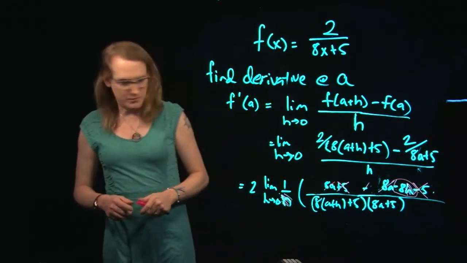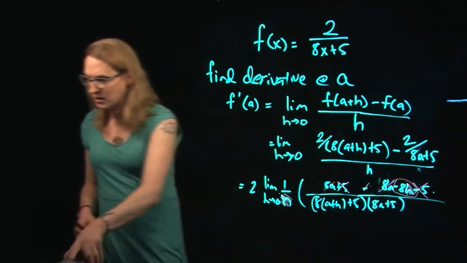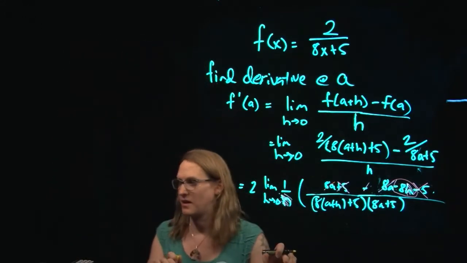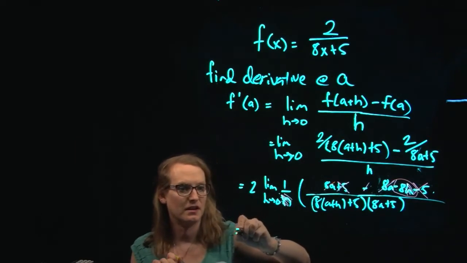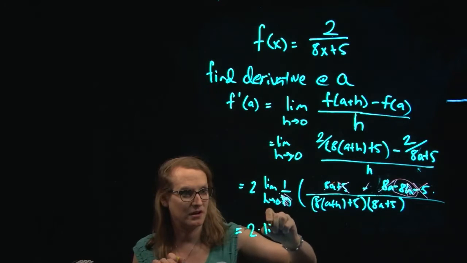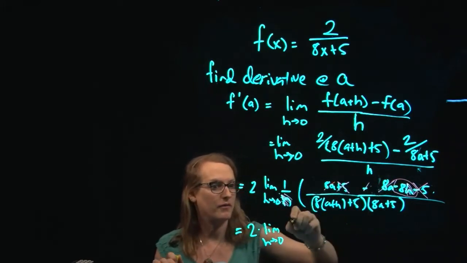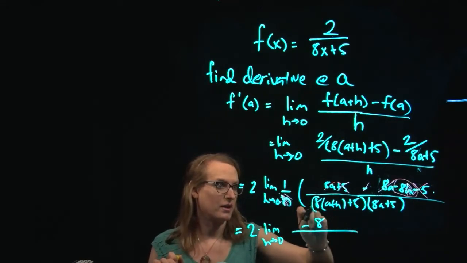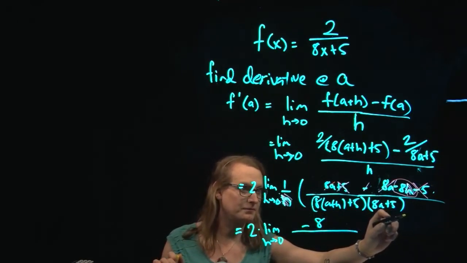So I think I'm going to risk going even further on the bottom of the screen here and write this as 2 times the limit as h approaches 0 of minus 8 over this whole mess right here.